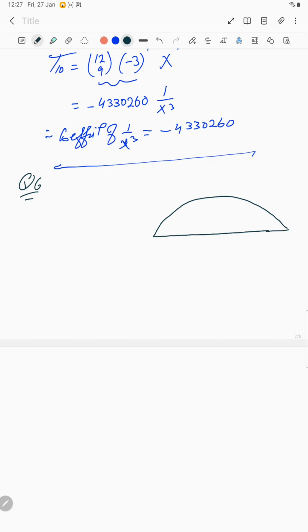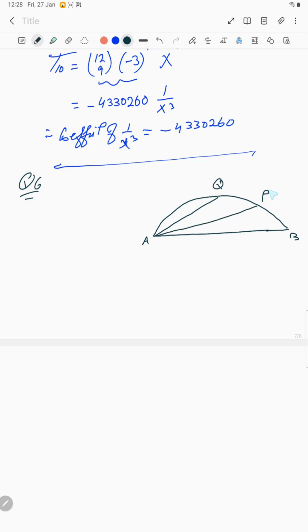You are given a semicircle with chords, say this is A and B is diameter. We have chord AQ and AP, such that AQ is 6 centimeter and AP is 9 centimeter and the diameter is 10 centimeter.